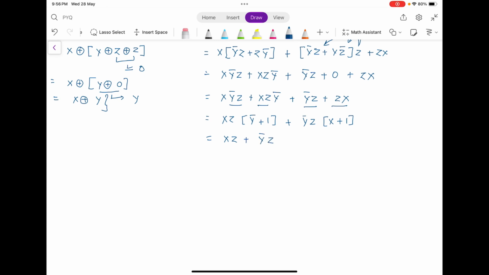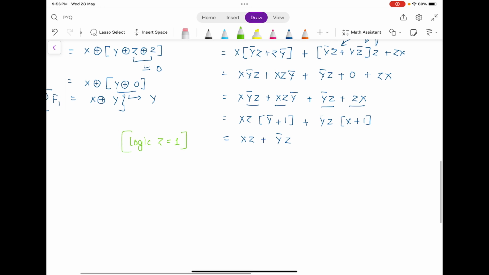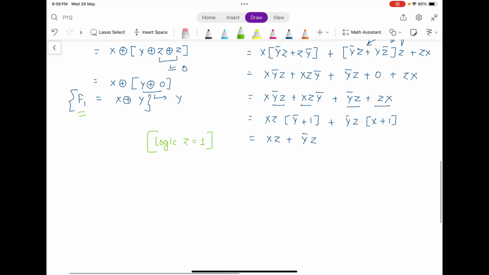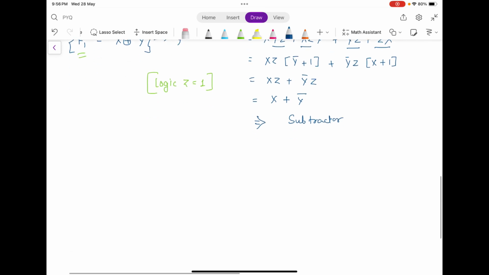Now in the question, there is an important point. It says logic for Z is equal to 1. It does not affect the F1 because the expression does not contain Z, but in the F2 expression we have Z, so we have to put the value of Z: X plus Y bar. So it is nothing but an expression for a subtractor.